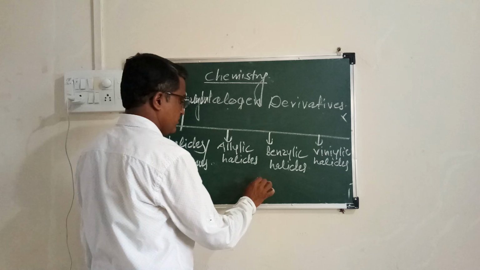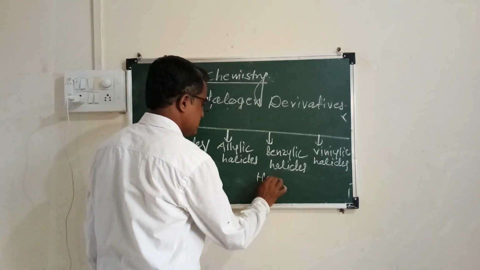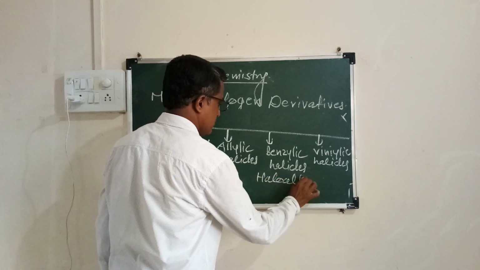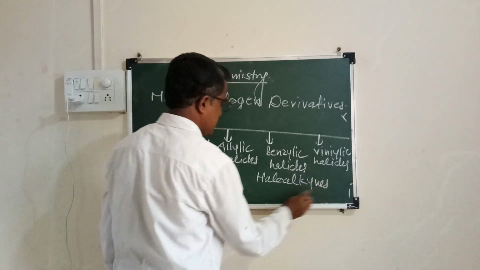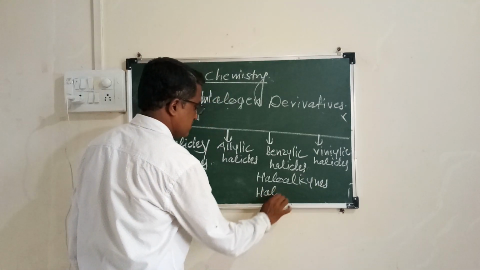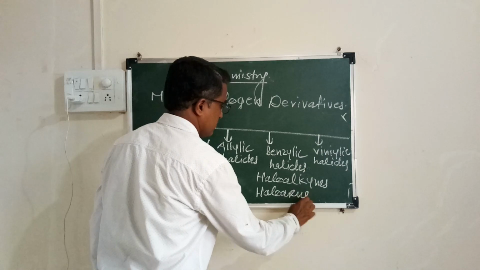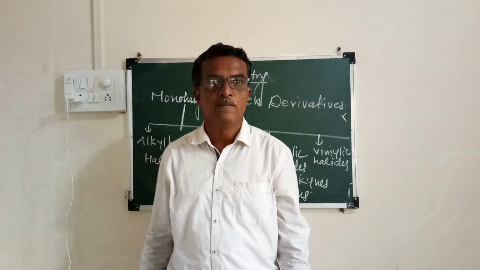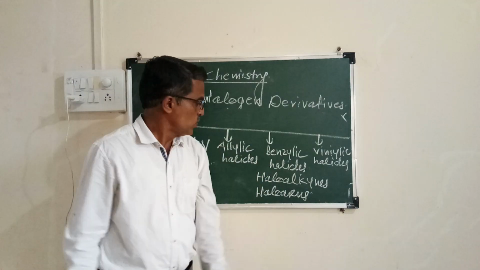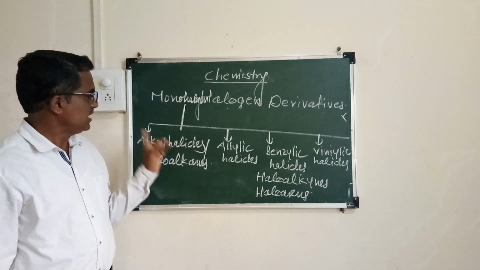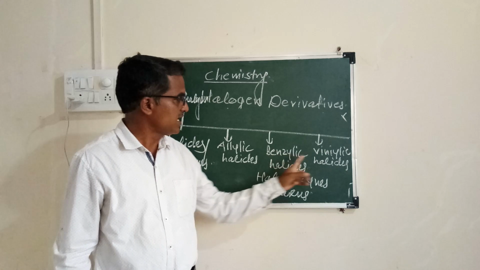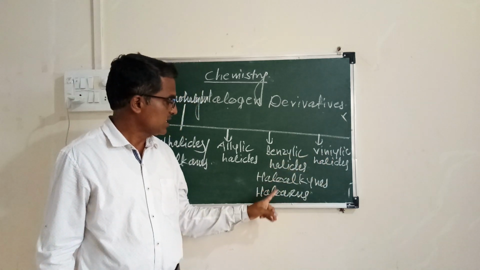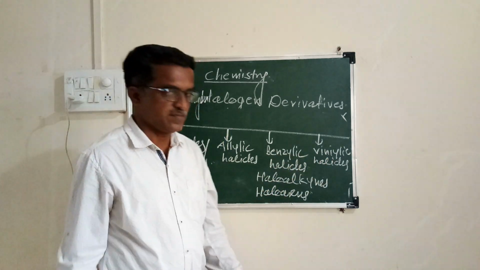Next one is the haloalkynes. And last one is the haloarenes. Now, these are alkyl halides, allylic halides, benzylic halides, phenylic halides, haloalkynes and haloarenes.